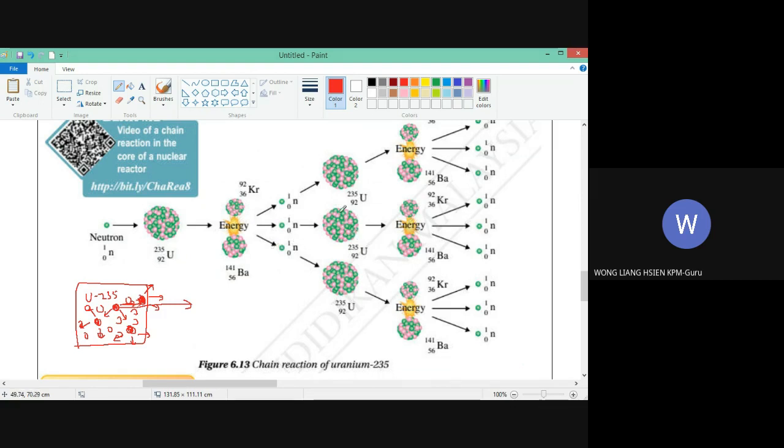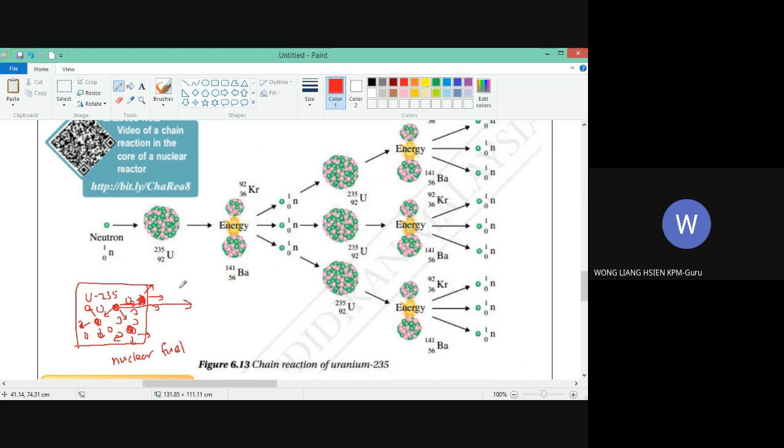So in order to increase the chances of the neutron going into uranium-235, this material, or we say the nuclear fuel, this uranium-235 that we want to use to generate a lot of heat energy, we need to make sure that the concentration of the uranium-235 must be high enough.